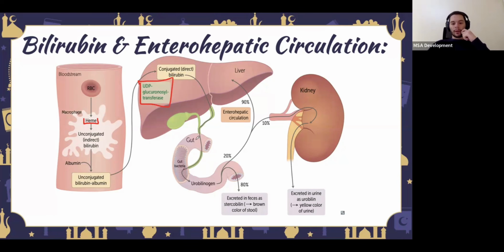Then it gets excreted into bile. Now, once it reaches your small intestine, there are 2 pathways. Either it gets excreted, which is the main majority, or 20% of it would get absorbed. 90% of those 20% will go back to the liver for recycling and reuse, and 10% will be excreted in the urine.